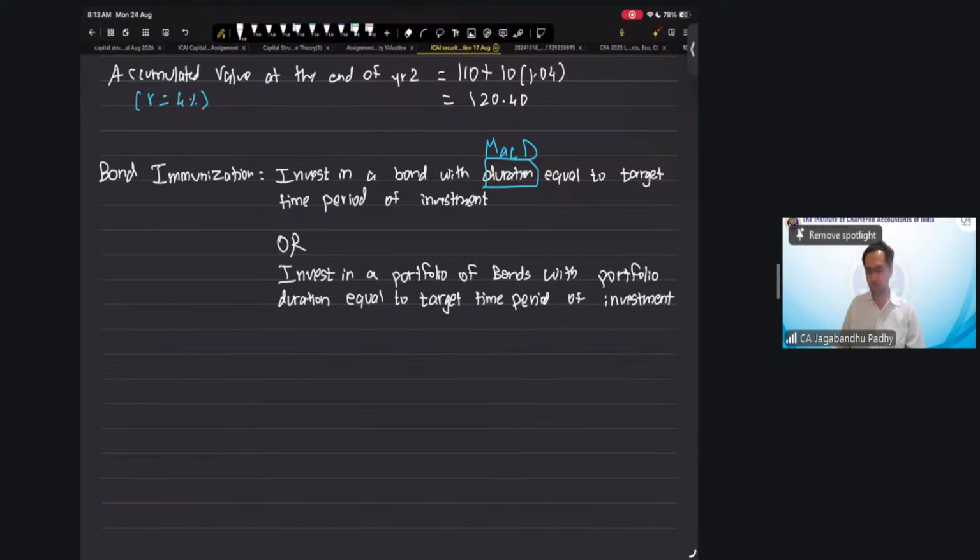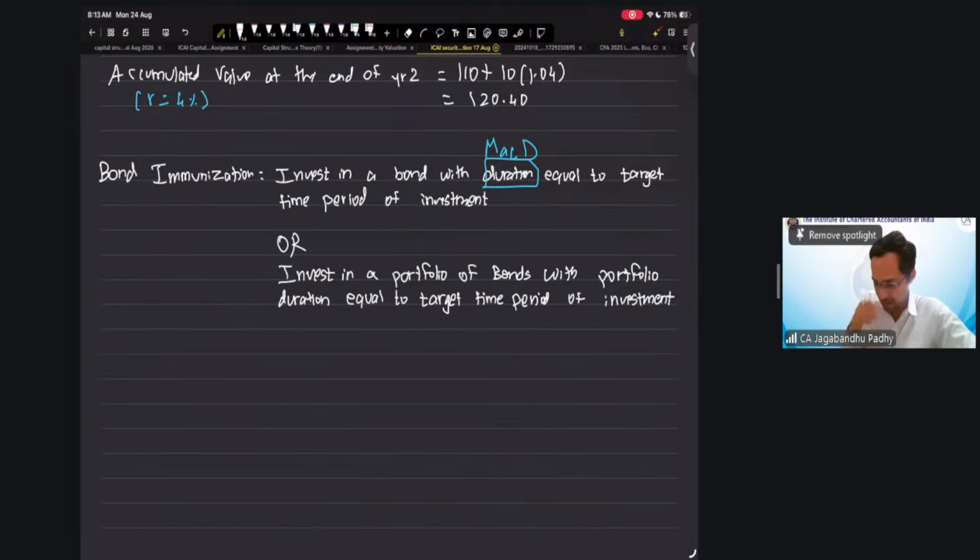So instead of investing in a single bond with a maturity of 2 years, you invest in a bond which has a duration of 2 years. If that is still not there, then you can invest in a portfolio of bonds which will have a weighted average portfolio duration of 2 years.